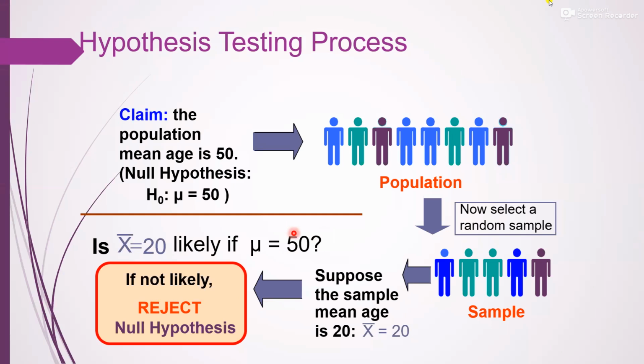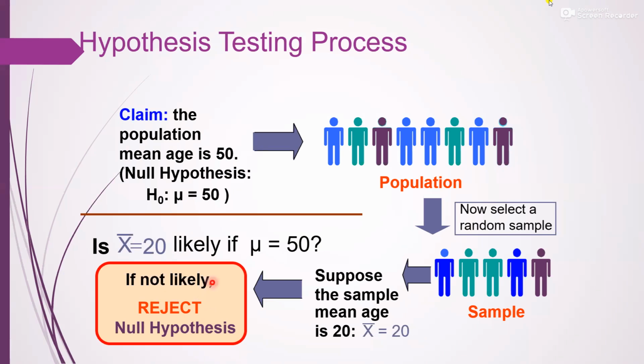If x bar equal to 20 is not likely, then it is false information and H0 should be rejected, right? If x bar equal to 20 is not likely from this population of average age 50, then this is false information and should be rejected.